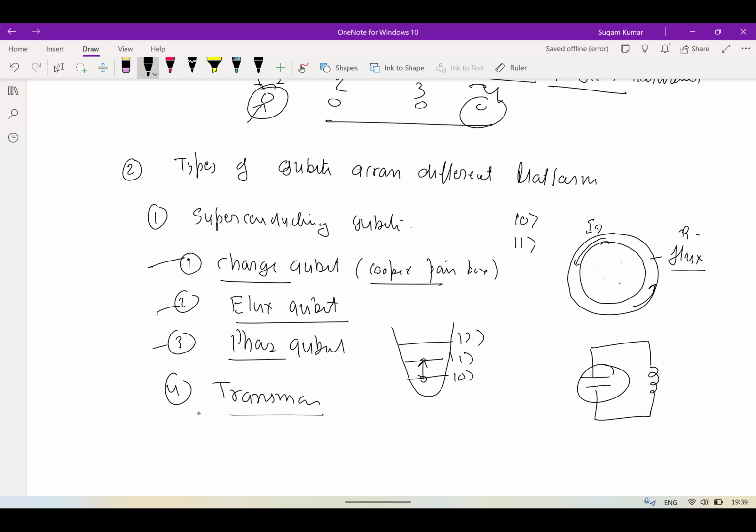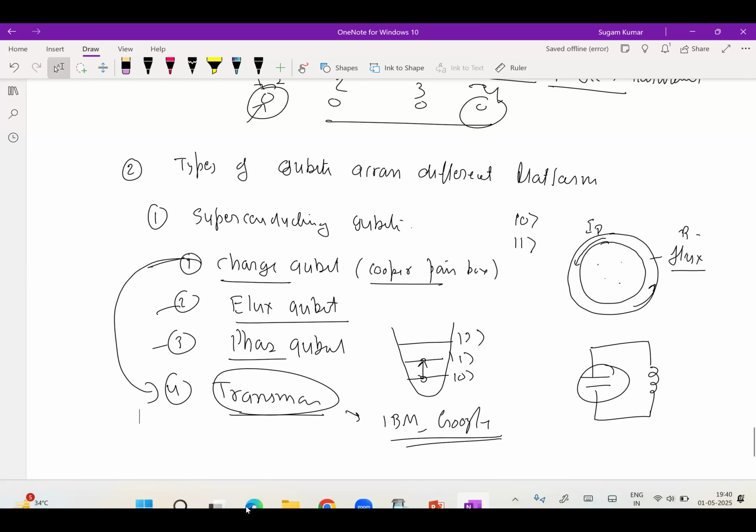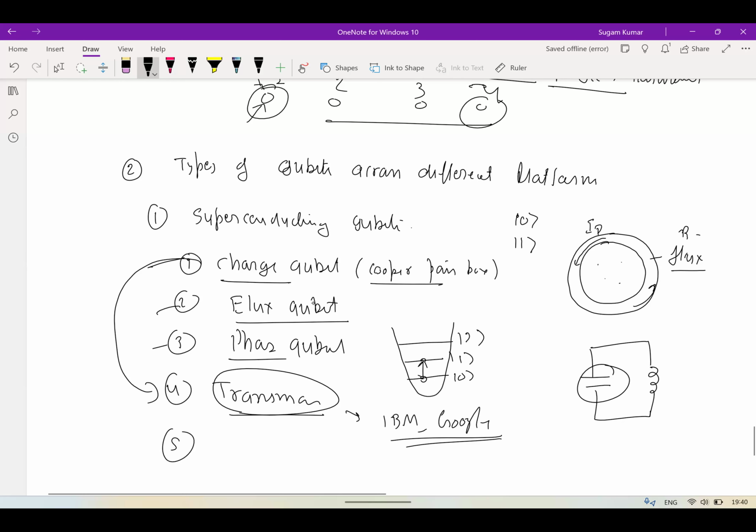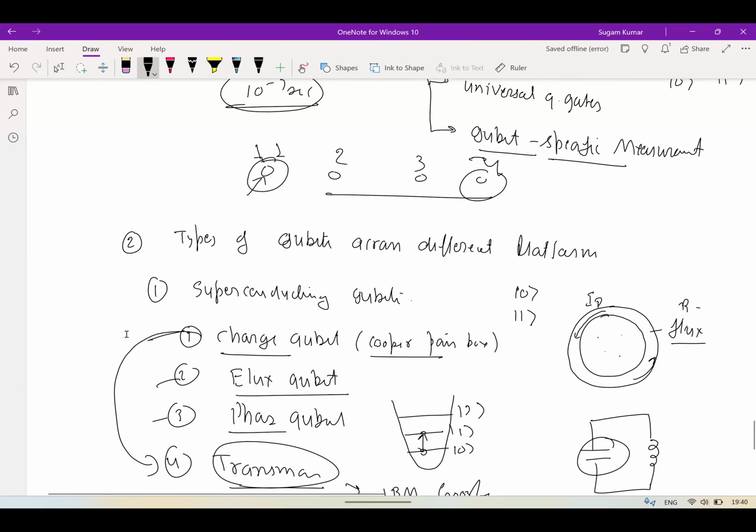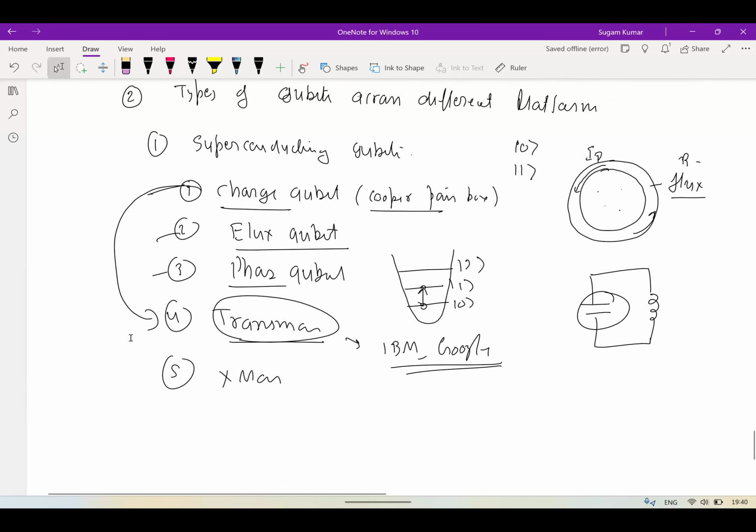And this gives much lower sensitivity toward the charge noise. I will discuss in detail what this is, but keep in mind that companies like IBM or Google are making their qubits using transmons. So transmons are nothing but an advanced version of the charge qubit. There are many others also, like Xmon, Fluxonium; I will discuss them in detail when I come to these qubits.